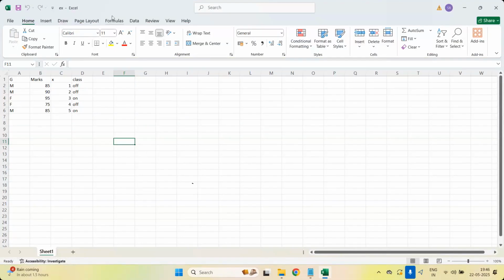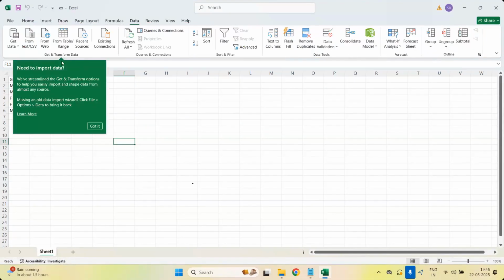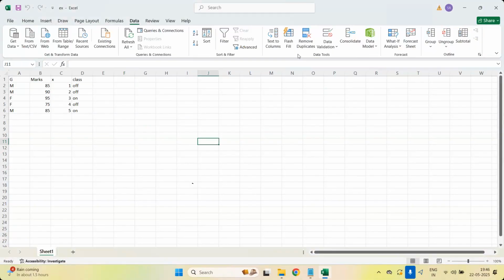Here, whatever data cleaning you are going to do, such as removing the duplicates, group by, ungroup, and data validation, all these things are related to data. First, we are going to load the data, and after that, we are going to filter the data and remove the duplicates.